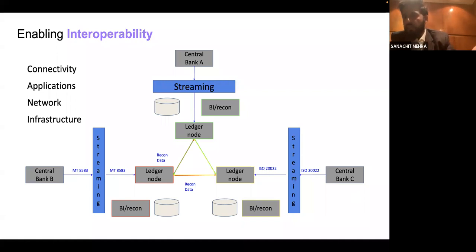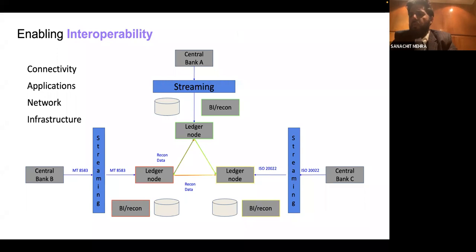So if you see that the central bank B payment message is in an MT format, whereas central bank C's payment message is in ISO format. And so you might have these ledger nodes either capable natively or maybe connected to a middleware which would parse the ISO messages and then transform them into a ledger compliant format which everybody can understand.